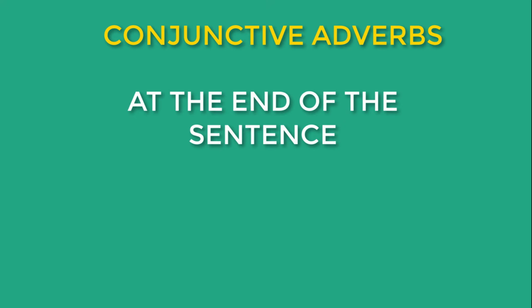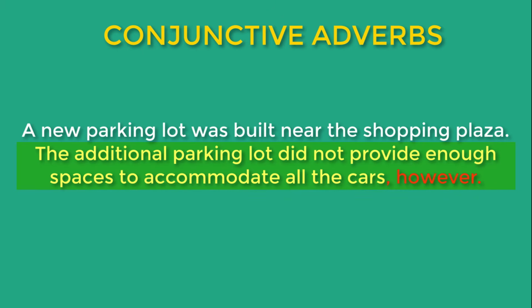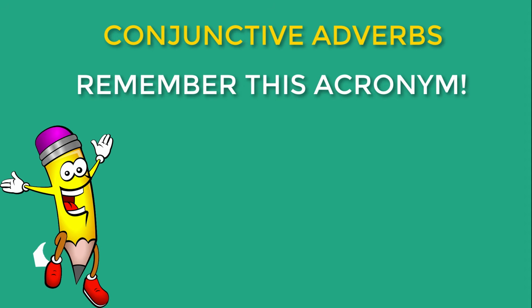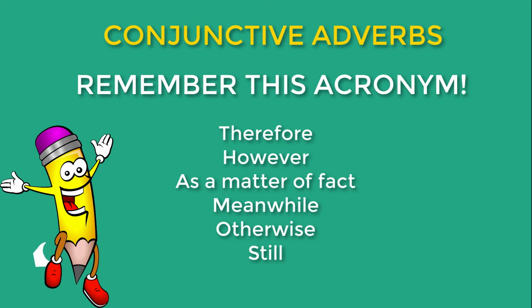Let's look at the same sentence with the conjunctive adverb at the end. The additional parking lot did not provide enough spaces to accommodate all the cars, however. The acronym to remember the most common conjunctive adverbs is THAMOS. By using THAMOS, you will be able to identify the most common conjunctive adverbs.